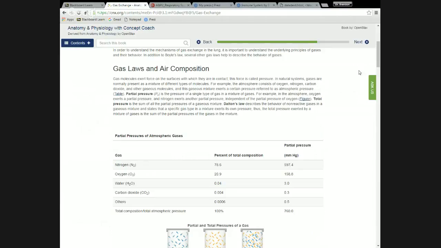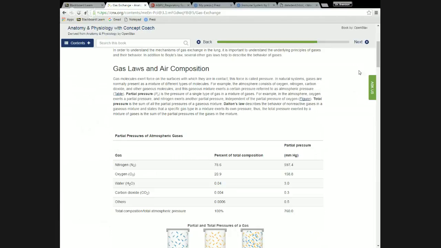So the total pressure of the air we breathe is the partial pressure of nitrogen gas plus the partial pressure of oxygen gas plus the partial pressure of water vapor, H2O, plus the partial pressure of carbon dioxide, plus the partial pressure of a few other things.